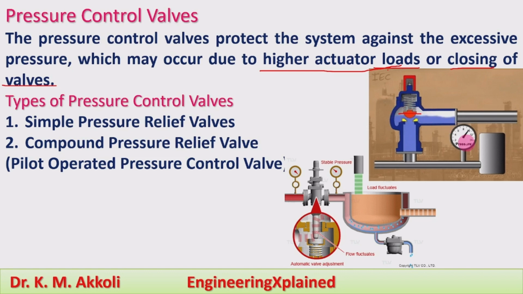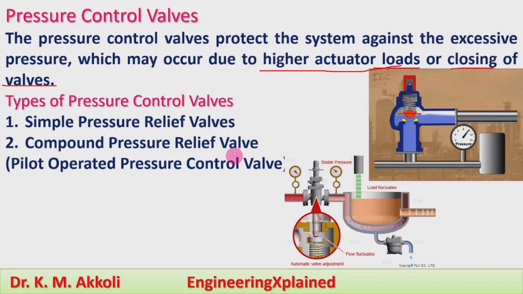If the pressure increases above that limit, this valve will open and the pressure will be released. The flow will be bypassed to the tank, and the pressure in the system will be released or reduced.